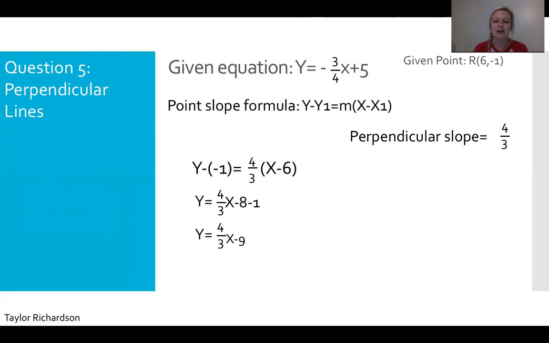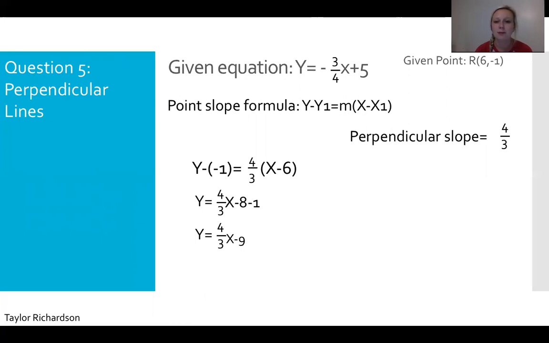So we can see that our given equation is y equals negative 3/4 x plus 5. This is in the form y equals mx plus b, m being your slope and b being your y-intercept. So m is your slope, so negative 3/4 is the slope of your given equation. In order to find the perpendicular slope, you are going to find the opposite reciprocal of your given slope.